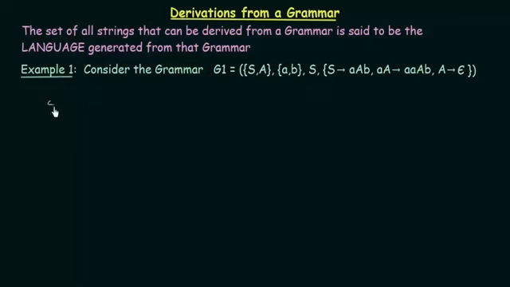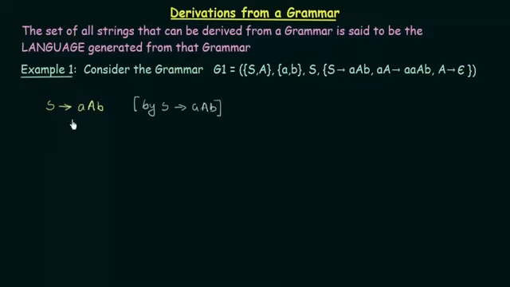Let me start from the start symbol, that is S, and from S I can get AAB, small a, capital letter A, and then B. So this is using the production rule S gives AAB.